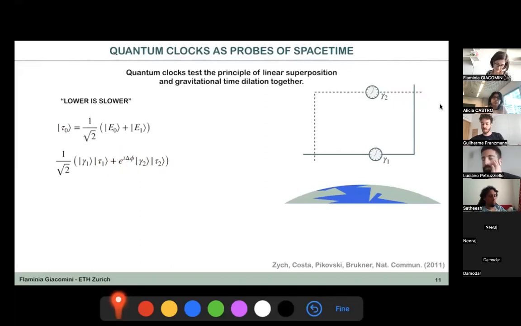Now this phase, we don't care about it so much. It can be any phase, the phase that is accumulated by the external degrees of freedom of the clock because they take a different path, some other experimental phase that I just want to add because of experimental reasons. It takes everything into account.